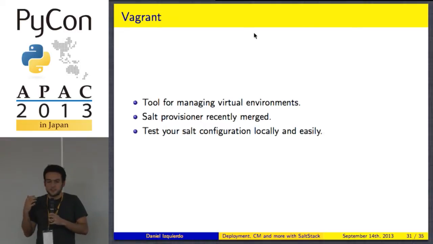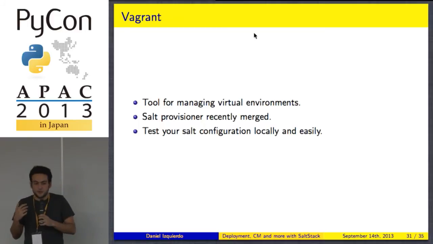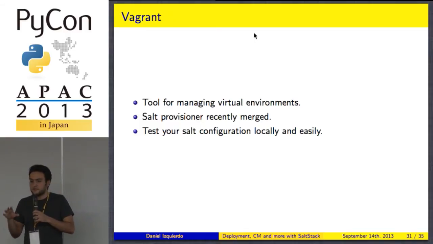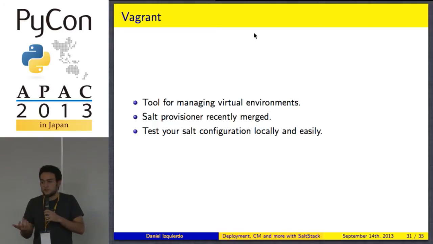Very recently, I think last week or the week before, this provisioner was merged into the Vagrant project. So if you download the latest version of Vagrant, the Salt provisioner is already included. And this allows you to test your Salt configuration locally and easily.